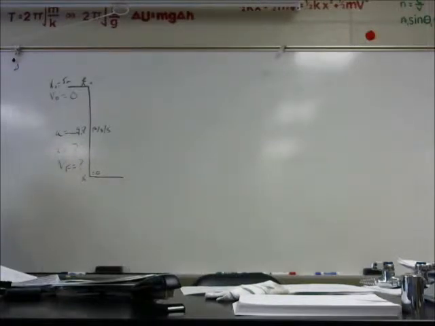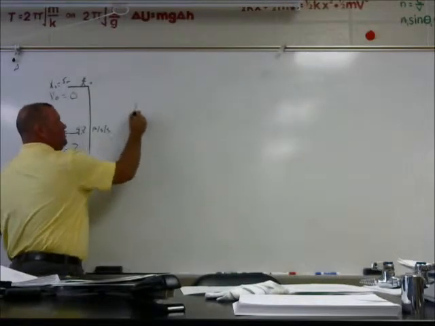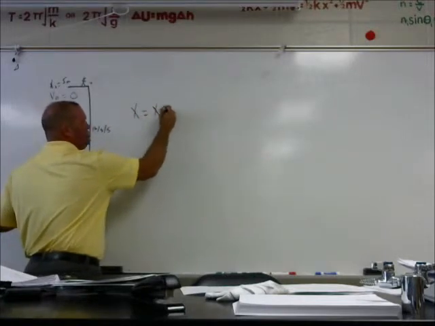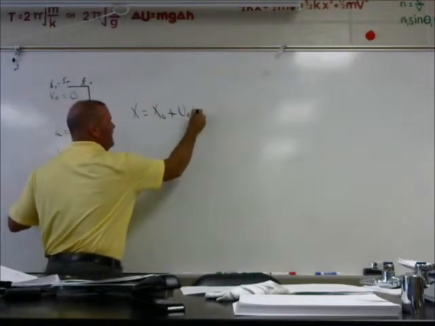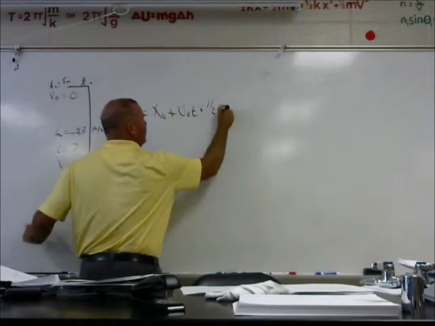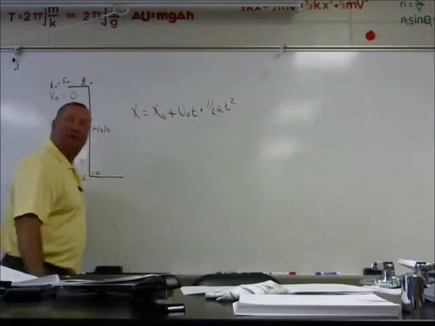Velocity final equals velocity initial plus at. Do we have final velocity? No. If we had it, it would work. So that's okay. So if that's not the choice, what is going to be our choice? X equals initial position plus initial velocity times time. That position time equation, x equals x naught plus v naught t plus 1/2 a t squared.